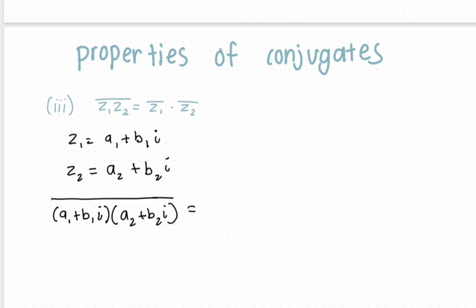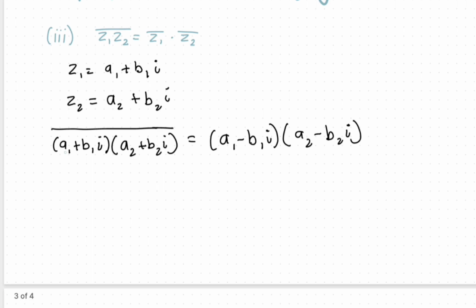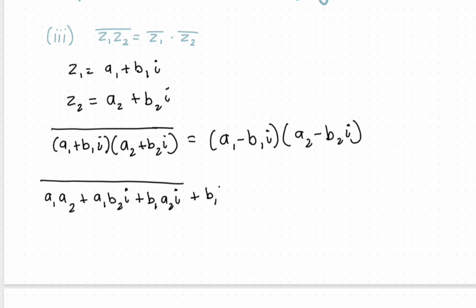And then let's solve the right-hand side. That's the conjugate of Z1, which is A1 minus B1I, times the conjugate of Z2, which is A2 minus B2I. Now let's expand this. Keeping that conjugate, we get A1A2 plus A1B2I plus B1A2I plus B1B2I squared.